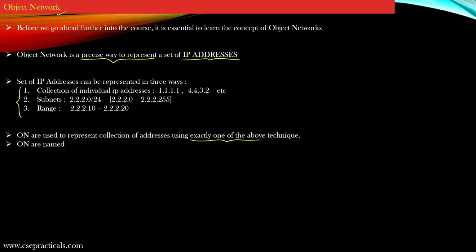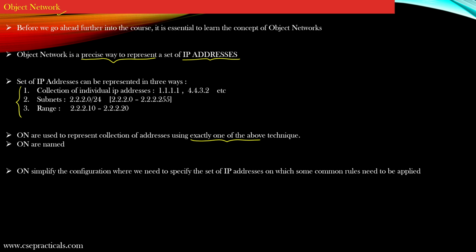Object networks are actually named entities. You have to provide some name to these object networks. We will discuss an example of how to configure object networks and how they help us manage the configuration on the device.